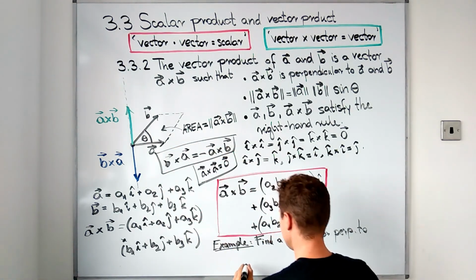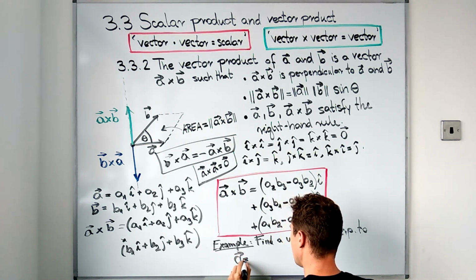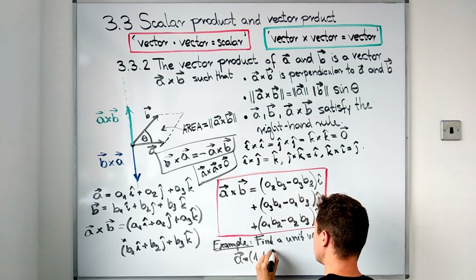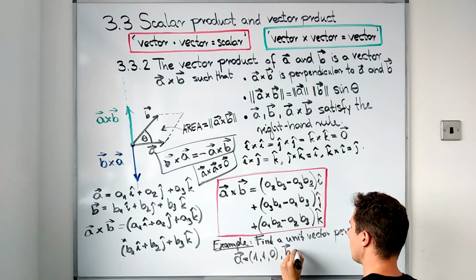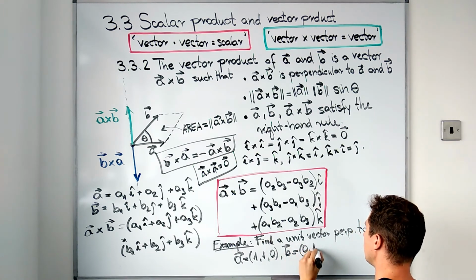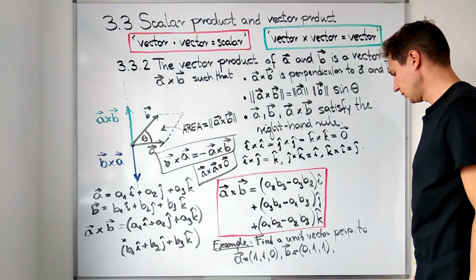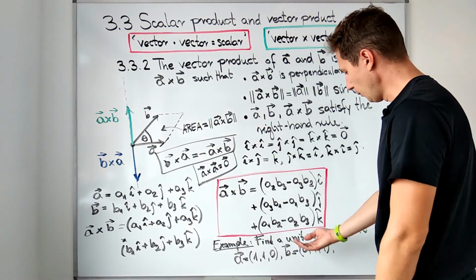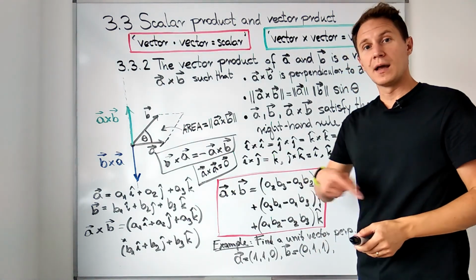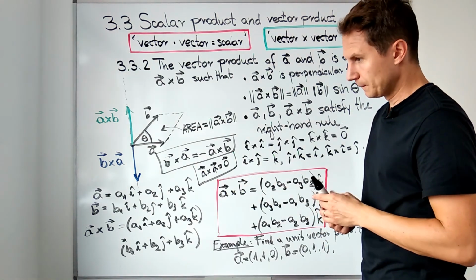A should have the coordinates 1, 1, and 0, and B should have the coordinates 0, 1, and 1. Okay, so find this unit vector that is perpendicular to both of these vectors. Pause the video and use the box below to input your answer.